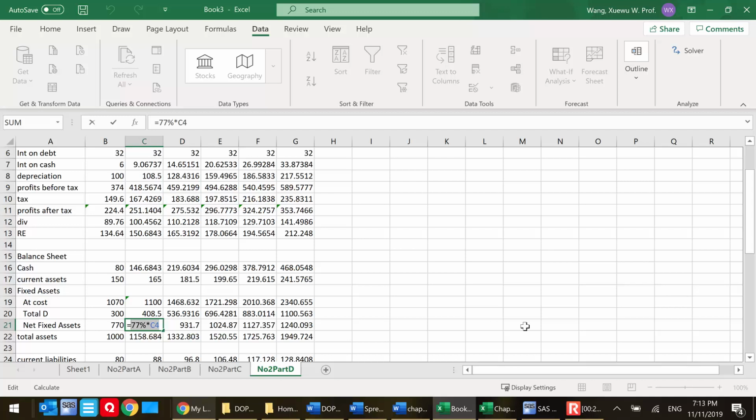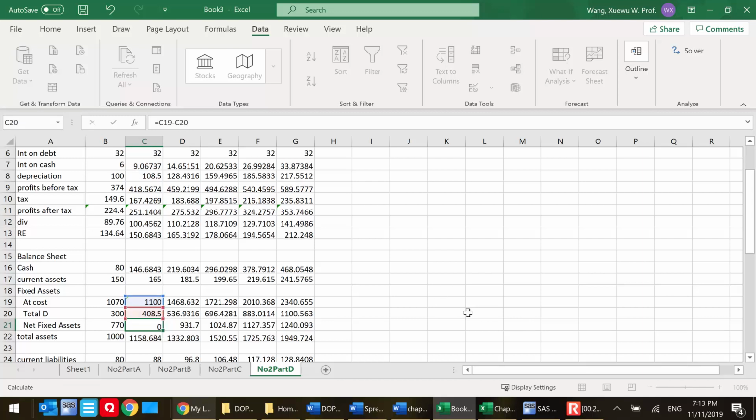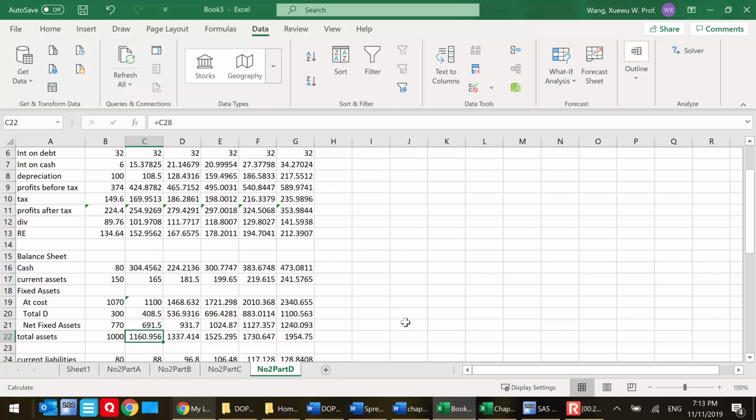Because if you make these three assumptions at the same time, then the total depreciation plus the net fixed assets may not be the same as the fixed assets at cost. So I'm going to change this formula here. That's going to be equal to this fixed assets at cost minus the total depreciation. All right, so that fixes my first year.